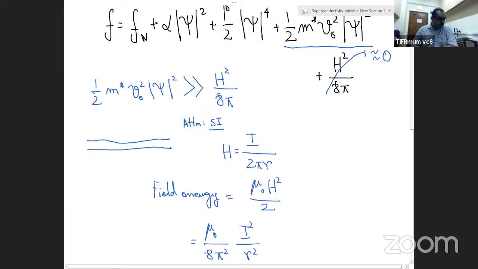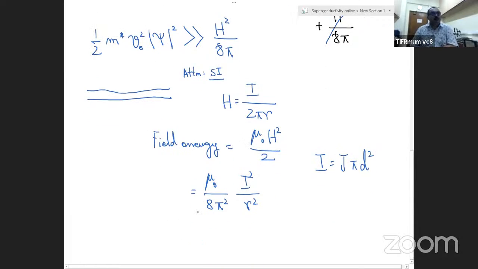Correct me if I am wrong. Okay, the current I is the current density J into pi d square. D is the radius. I'm sorry, I have taken r here, so I have to take d for the radius, even though d normally stands for diameter. But remember that here d is the radius of the wire. Okay.